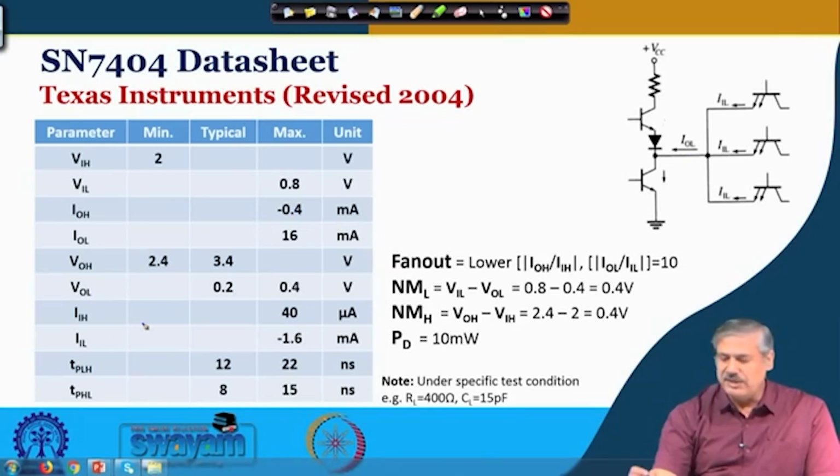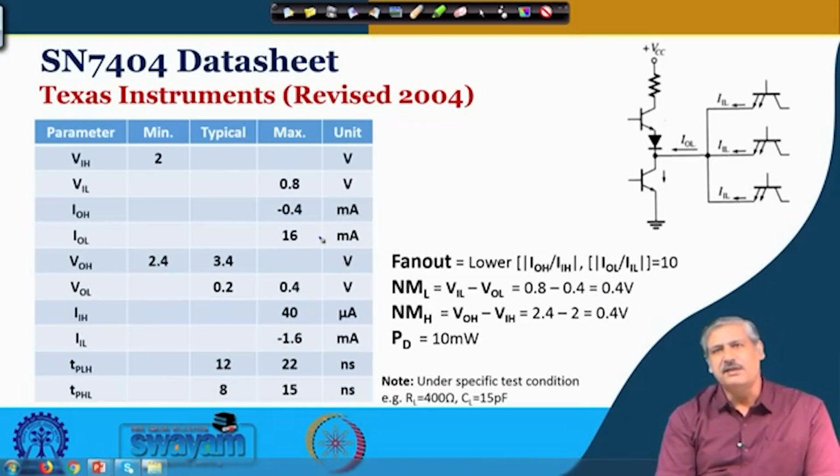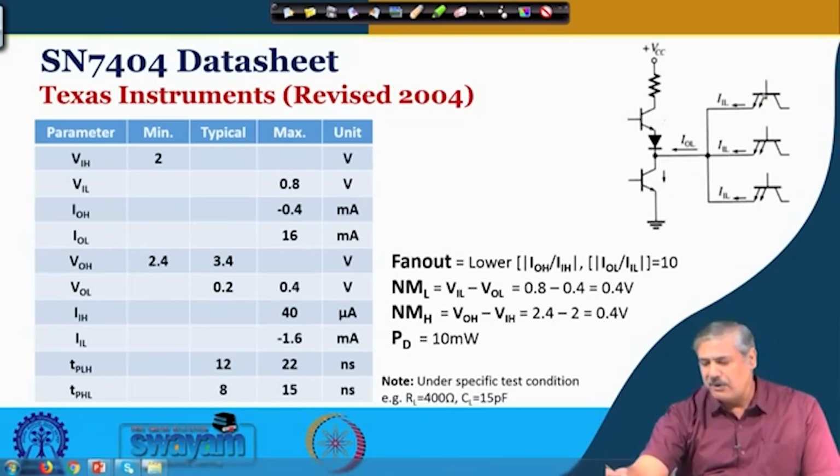When the output is low, the current that is being sunk in, IOL, is 16 milliampere. That is the maximum current it can sink, and that is why it is positive, because it is getting into the gate. For the load side, a similar circuit is there.